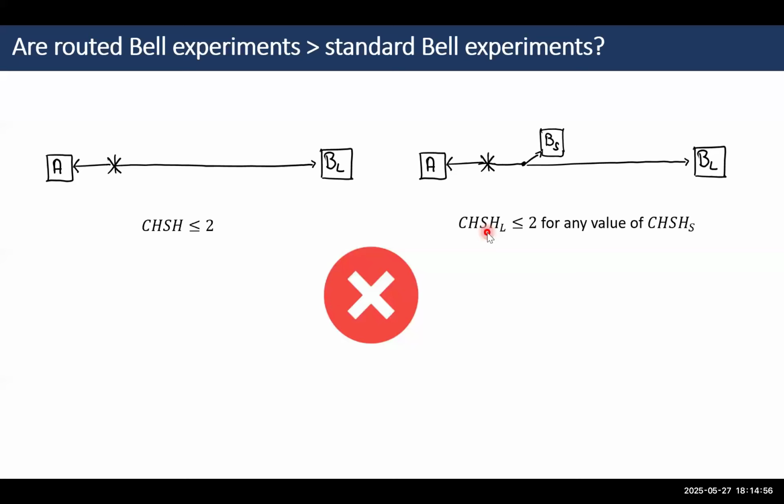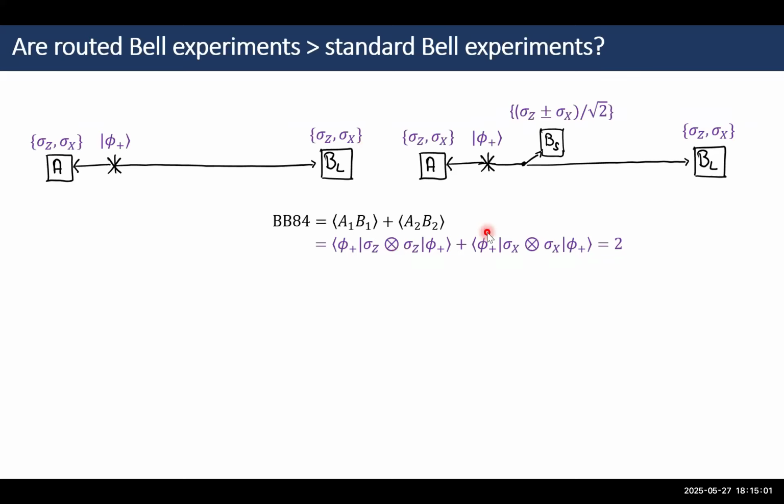But perhaps there are other inequalities that are useful, and indeed there are. One example is what I call this BB84 witness. Let's look at a standard Bell experiment where you assume the source produces a singlet state, and Alice and Bob both do sigma z and sigma x measurements. Then you can look at the correlation: how strongly correlated are Alice and Bob if they both measure sigma z, or if they both measure sigma x?